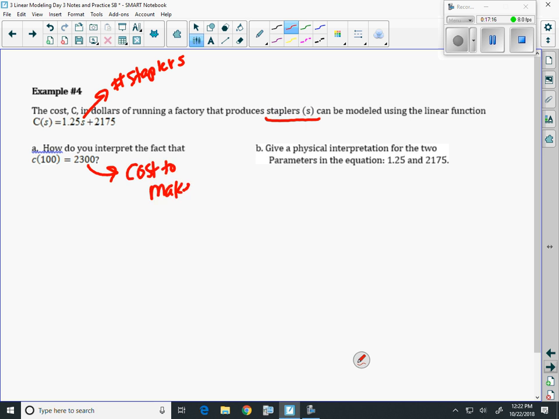And I'm going to add to that, it's the cost to make that many staplers. So can we agree that the cost of making 100 staplers is $2,300? Does that make sense? So we'll say it costs, so you guys can see this. I need to do this more often.